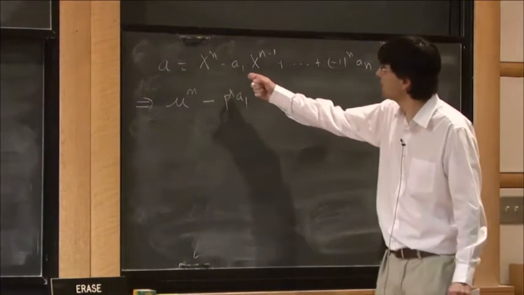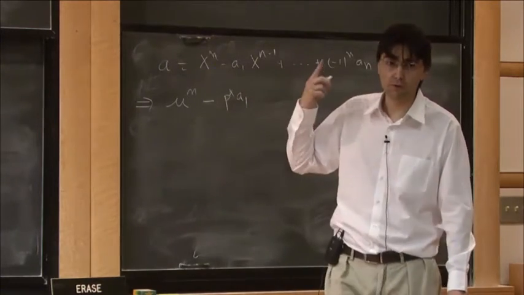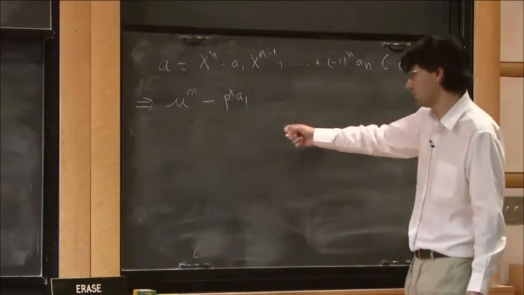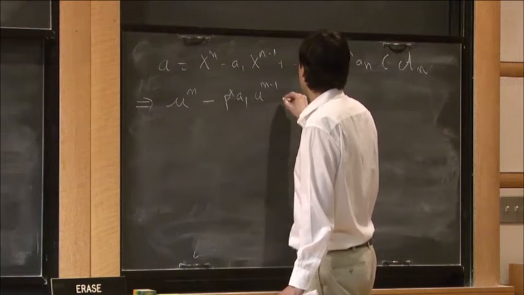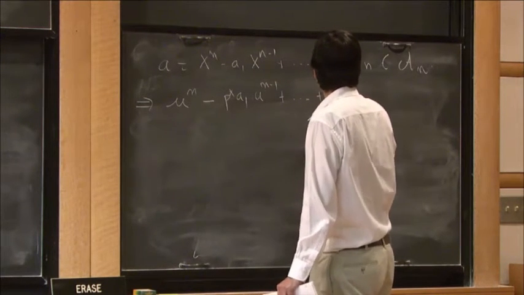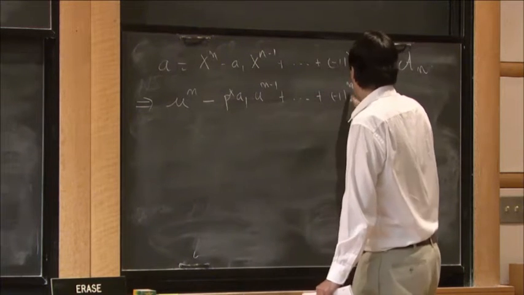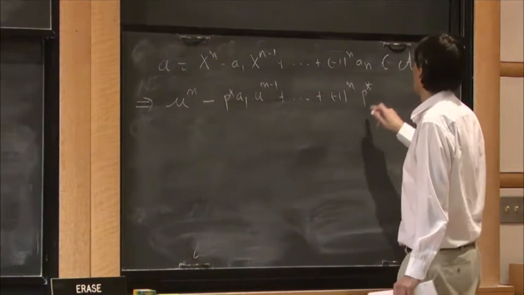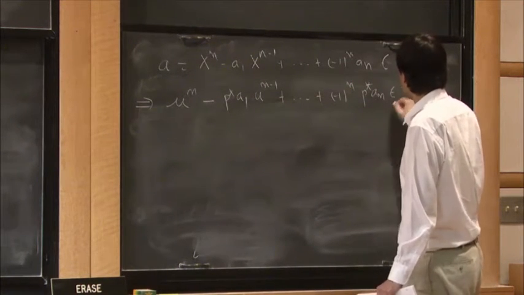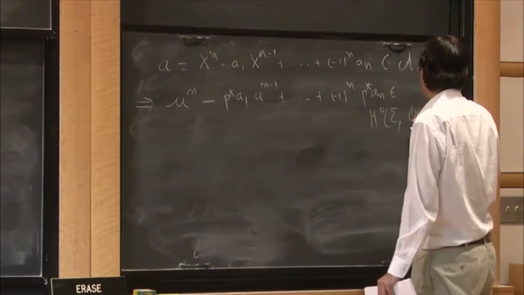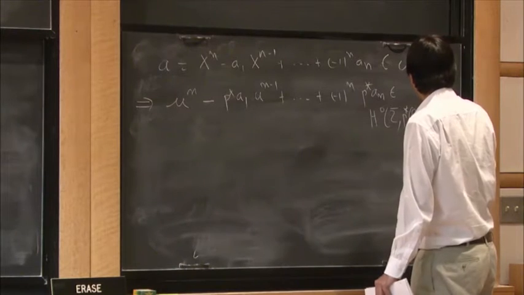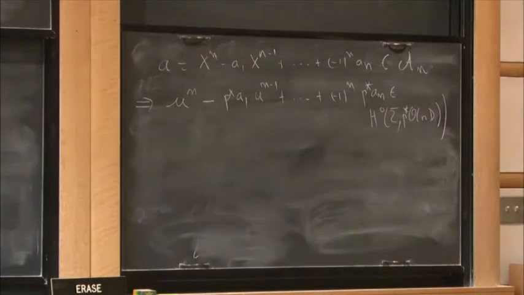Remember that a1 is a section of O of D. I can pull it back to sigma, times u^(n-1), and so on, plus or minus the pullback of a_n. So this is a section of the pullback of O of nD.